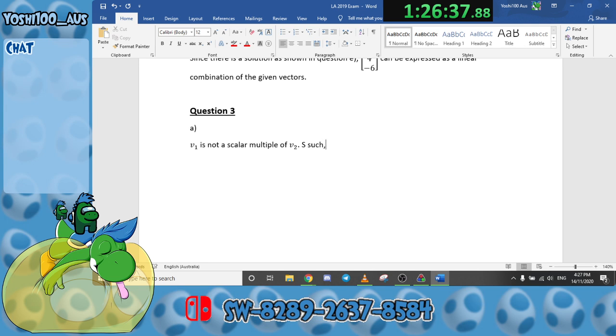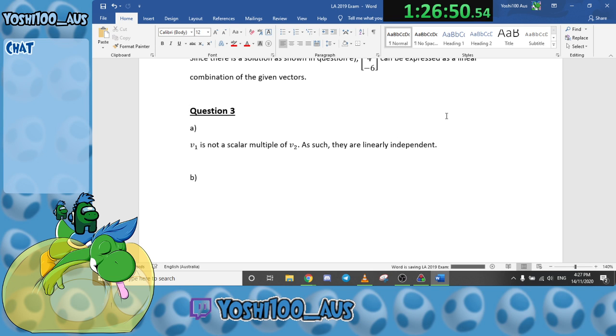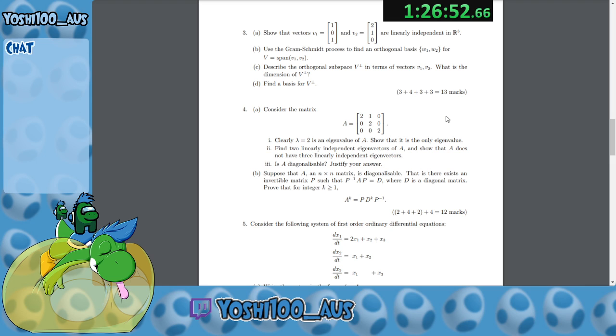As such, they are linearly independent. I think that's right. The Gram-Schmidt process to find an orthogonal basis for this.